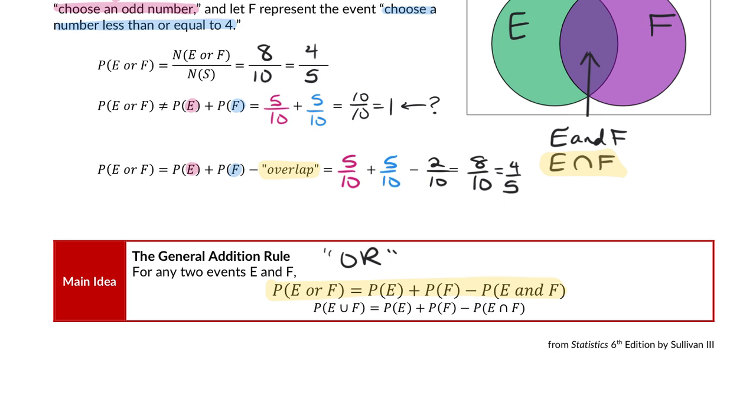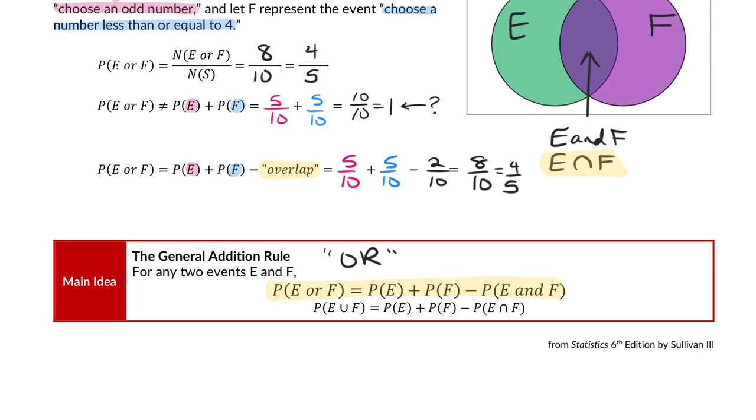This works regularly because if they are disjoint, there is 0 overlap, and so you'd be subtracting 0. So this is the general rule that we'll use for either disjoint or non-disjoint events. It's just that for disjoint events, you're subtracting 0, so it doesn't matter. Can I show you what an example looks like of this rule?